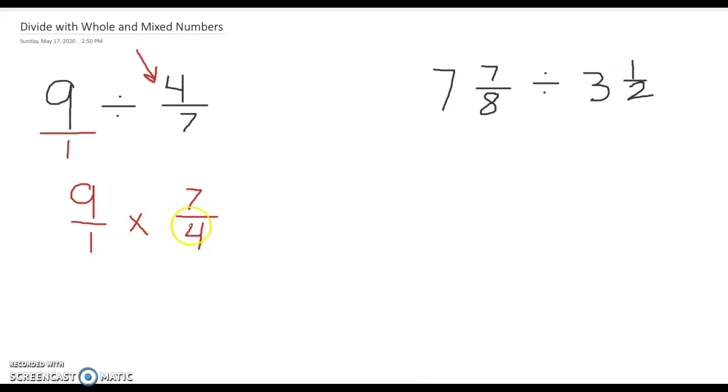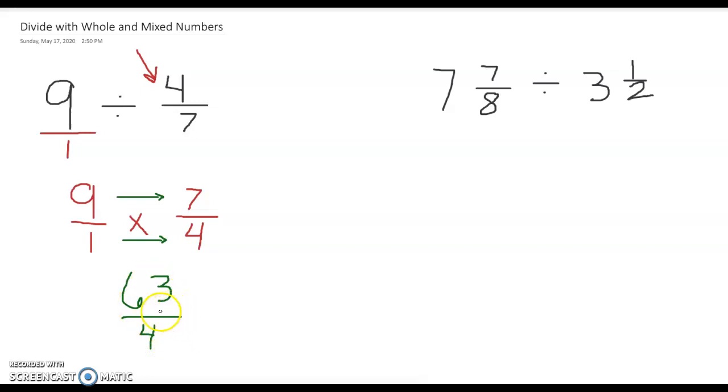Okay, next, we're going to look if we can cross cancel. Can we cross cancel anything? No. So therefore, we then just multiply straight across. And this is now multiply here, which will give us 63 over 4. Okay, now, can we simplify?